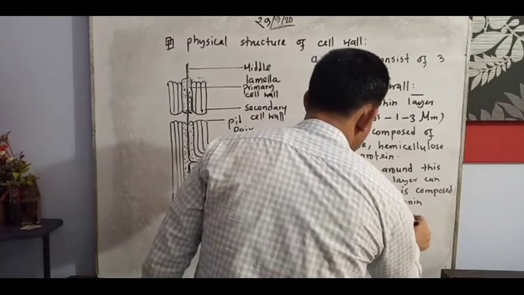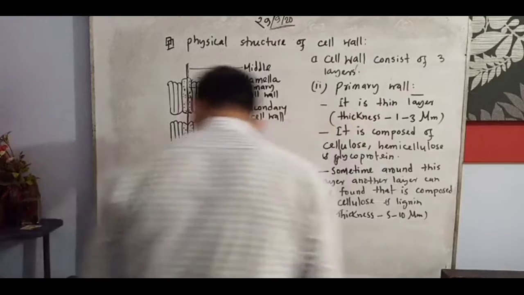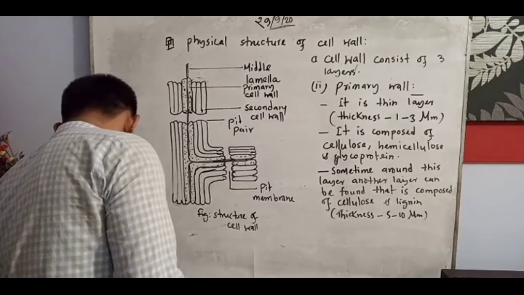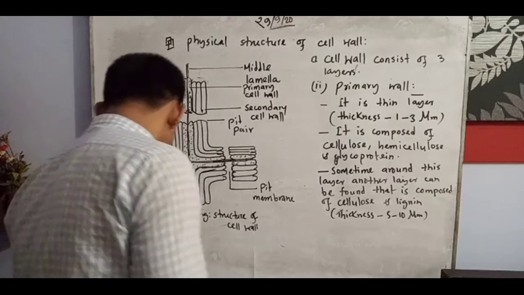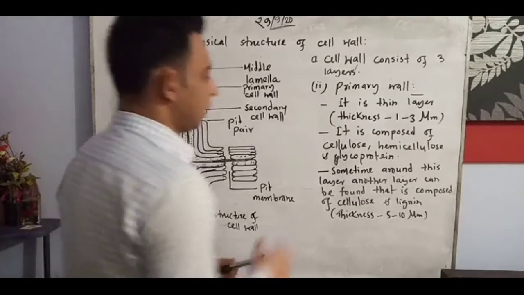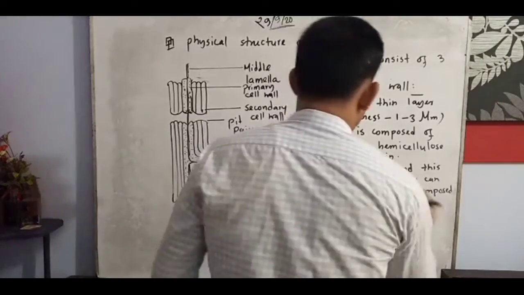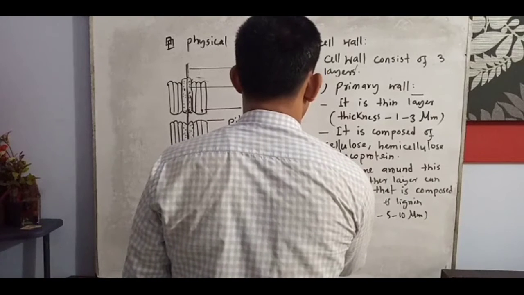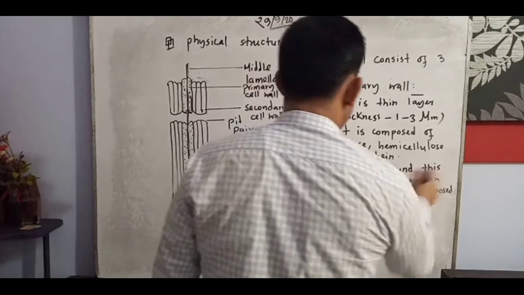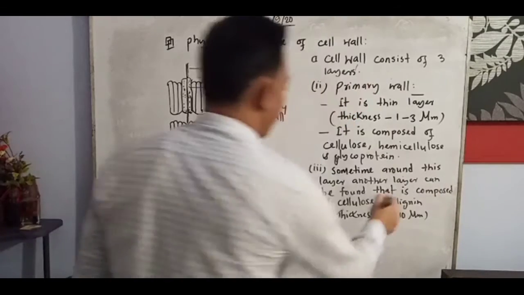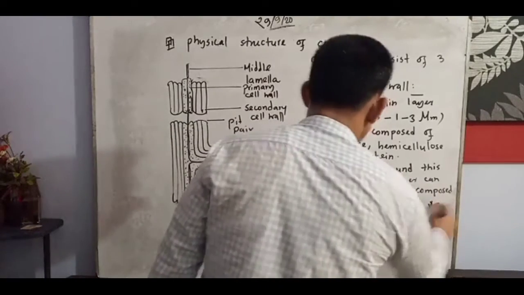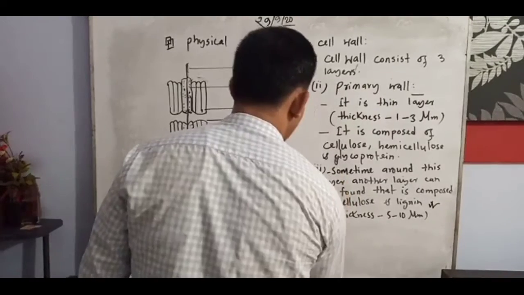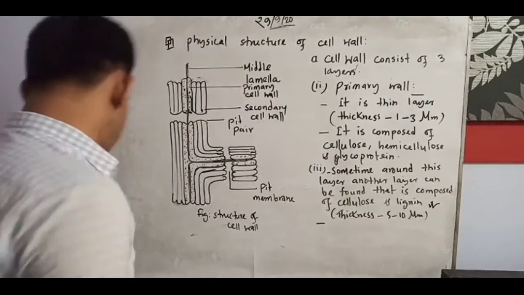Sometimes, please write this one, around this layer, we can write as point number 3, another layer can be found that is composed of cellulose and lignin, and its thickness goes from 5 to 10 micrometer.